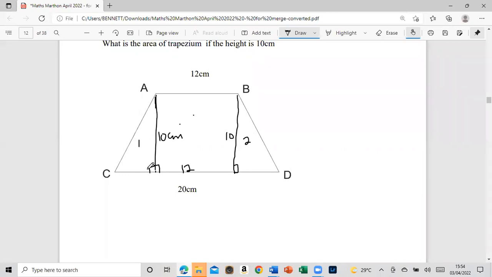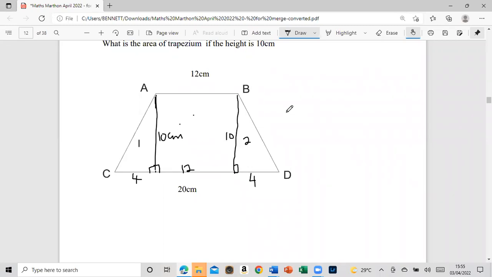So the difference between 20 and 12 would be 8. So this side will be 4 and this side will be 4. So we could find the area of the two triangles and add it up.